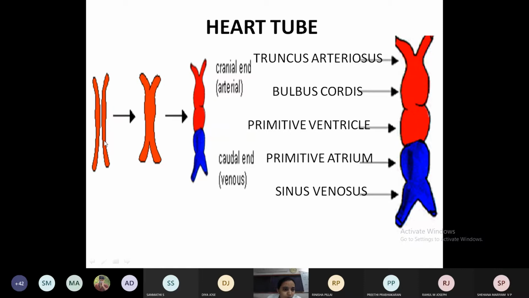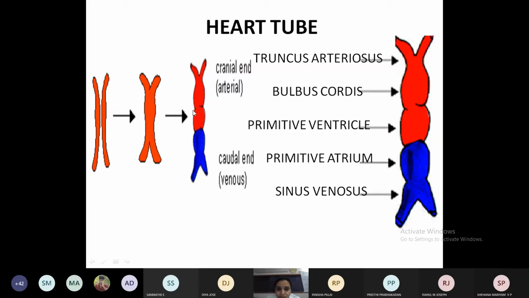Later canalization occurs and they are converted into endothelial tubes. These two endothelial tubes join and form a single tube craniocaudally, from above downwards, head to toe, and form the heart tube.